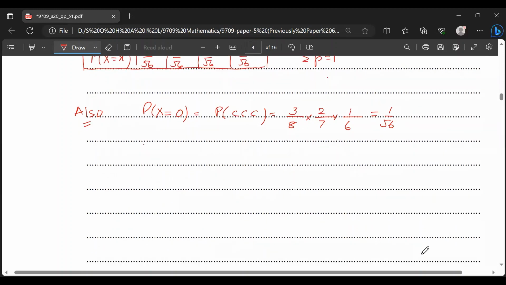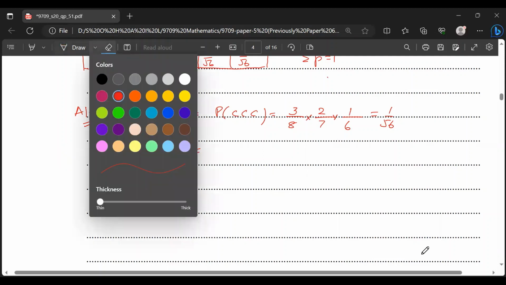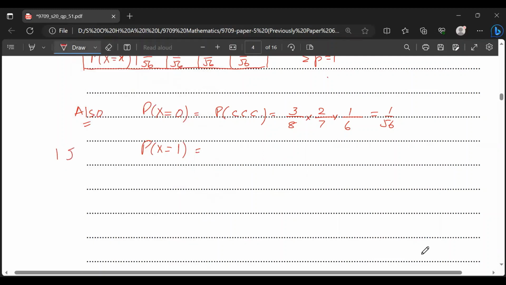So probability of X equals 1, 1 jelly. Probability of jelly, and then the rest are not jellies. One important thing in this approach is that these three can be JCC, CJC, or CCJ.